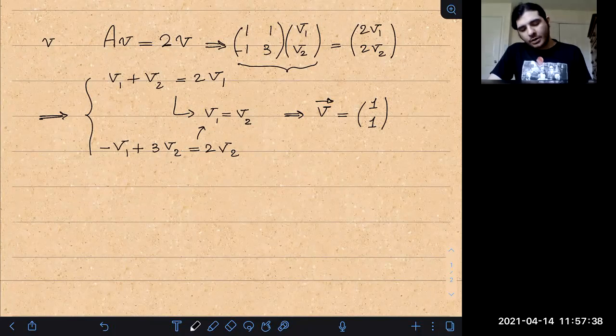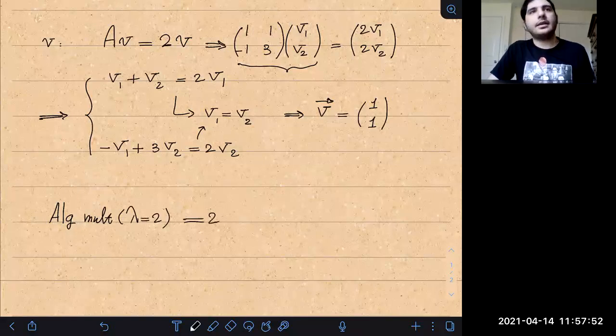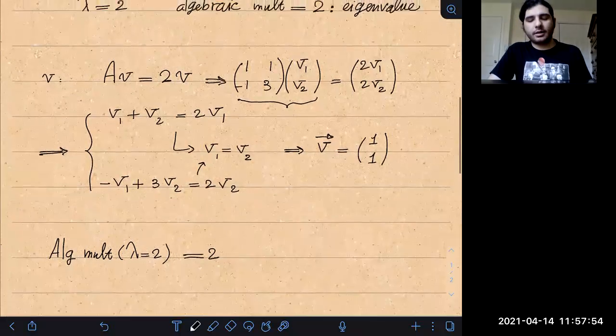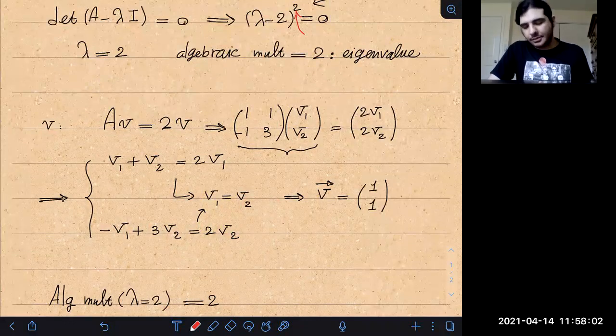Now, we should note that the algebraic multiplicity of the eigenvalue lambda equals 2 was 2, right? The characteristic polynomial is this one, which you can see has degree 2. So it's not a simple eigenvalue.